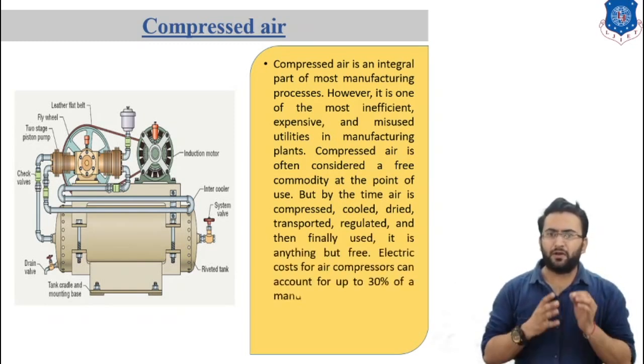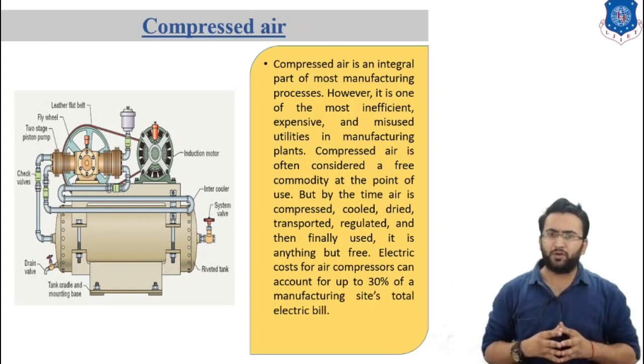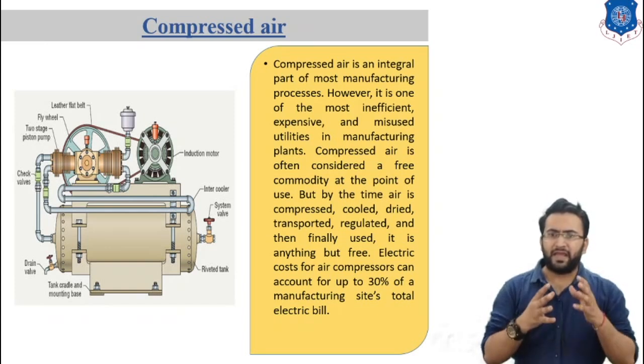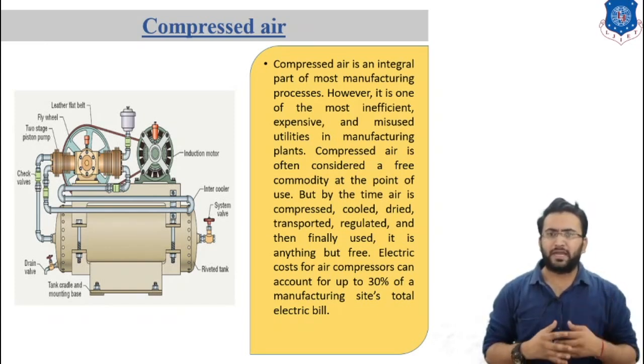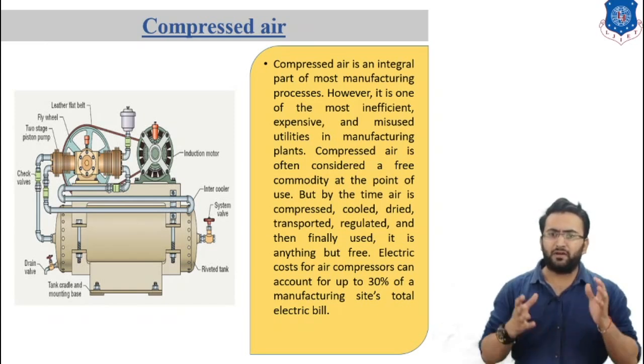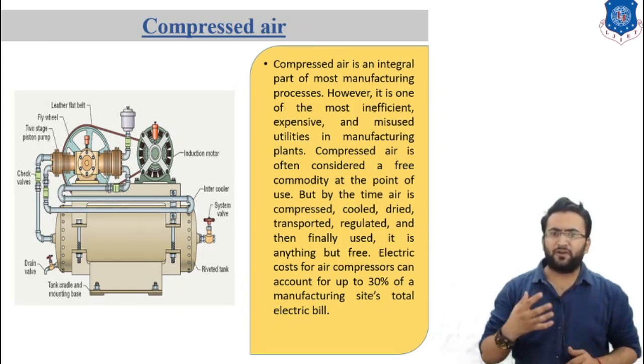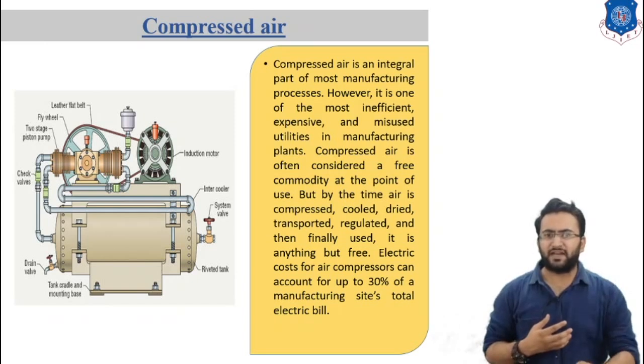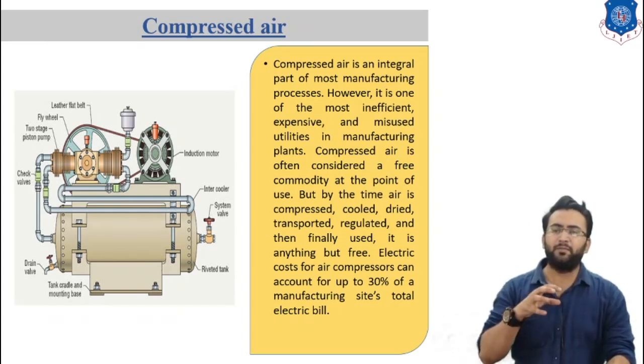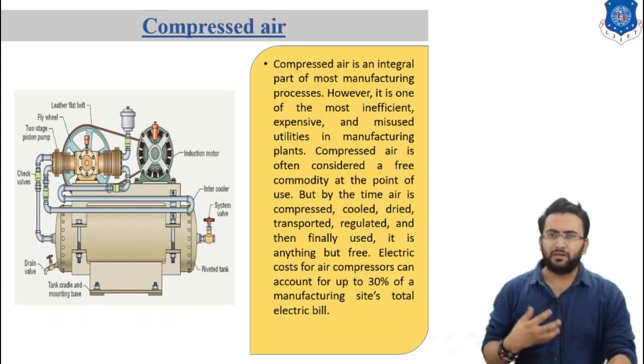Compressed air is often considered a free commodity at the point of use, but by the time air is compressed, cooled, dried, transported, regulated and finally used, it is anything but free. Electric cost for air compression can account for 30% of a manufacturing site's total electricity bill. So we can say that the maximum energy cost is due to the compressor, if a compressor is used in the plant.